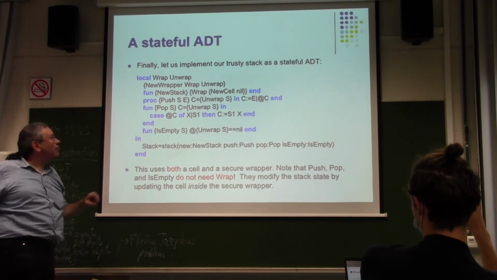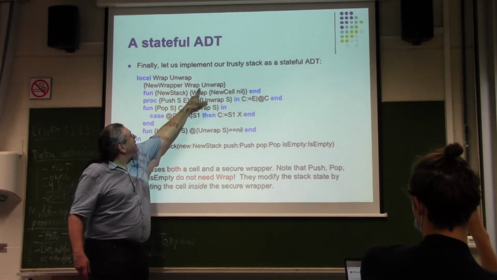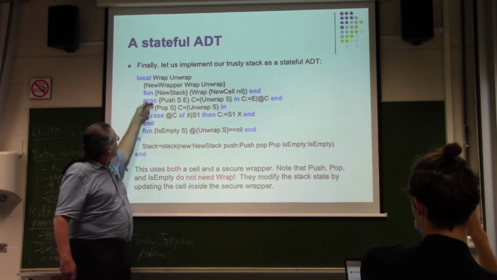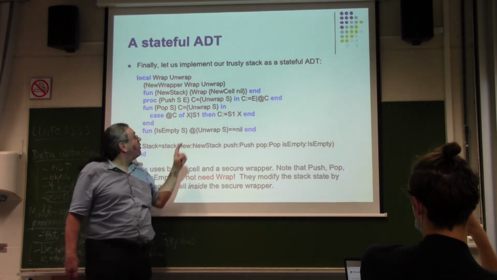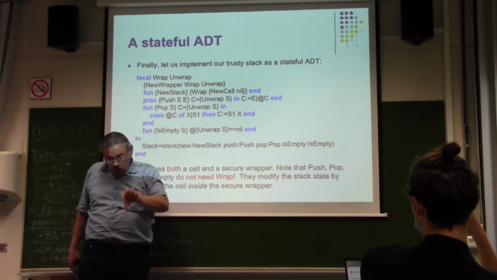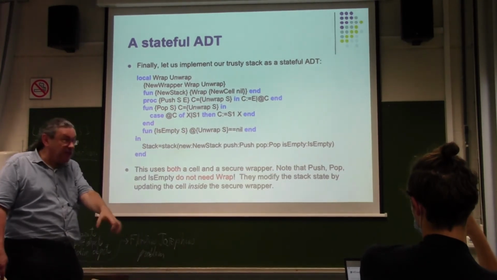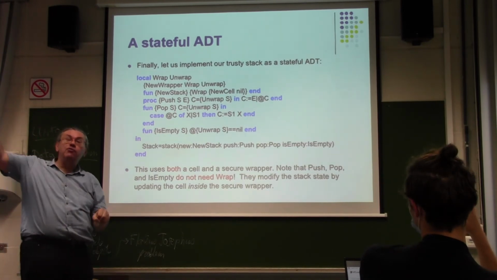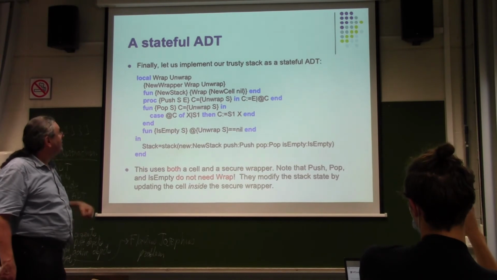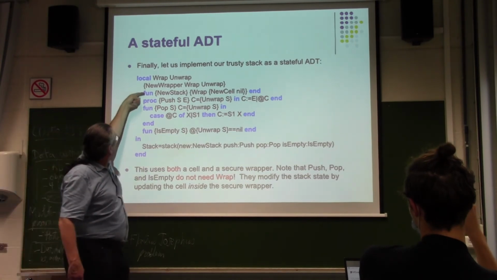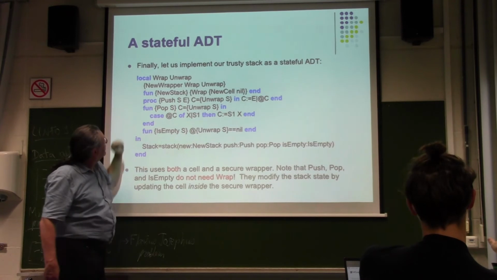It's always doing unwrap. The wrap I needed to create a new stack, but push and pop don't need to do wrap anymore because they are modifying the cell inside, so they don't have to create a new value. So wrap is only called when I create a stack.